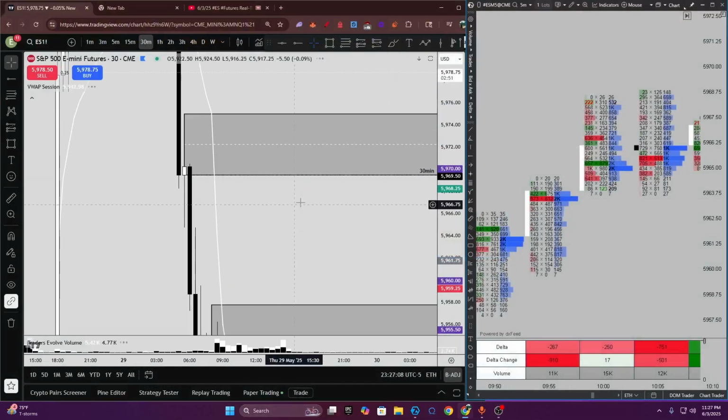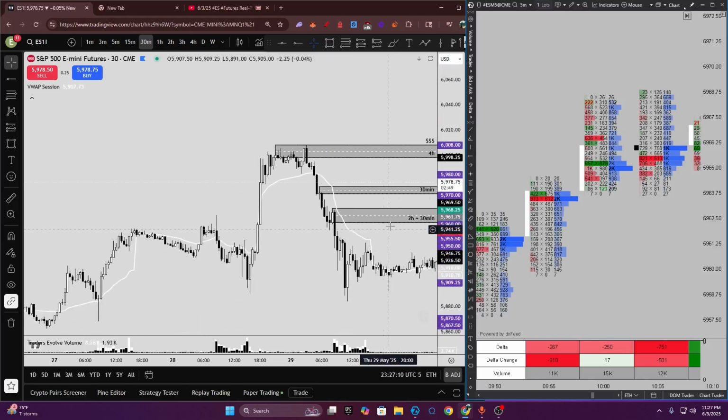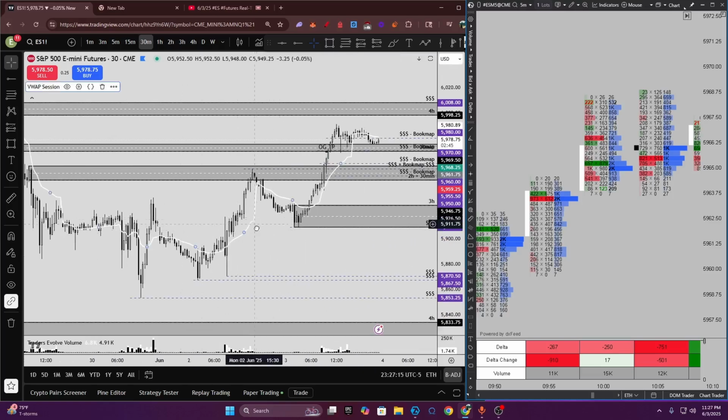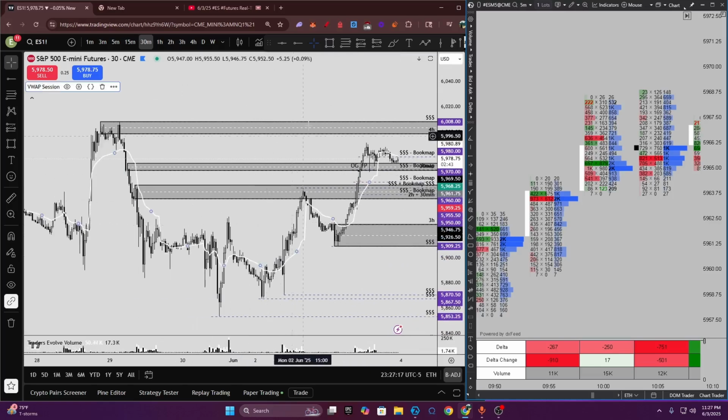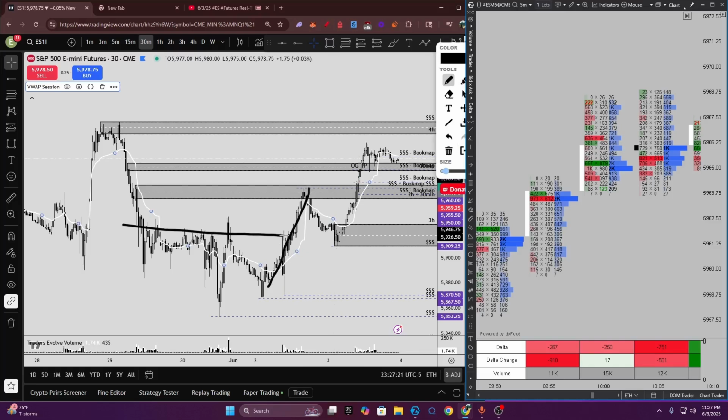Regarding the overall context, if you take a look on the 30-minute, with the volume profile as well, I'll get into that later. We see that from yesterday, we broke above and over this area. And you may be wondering, why is this area so significant? Well, this area is significant because that was the point of volume.